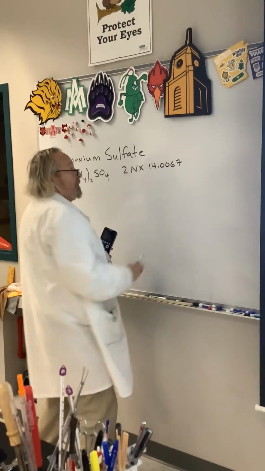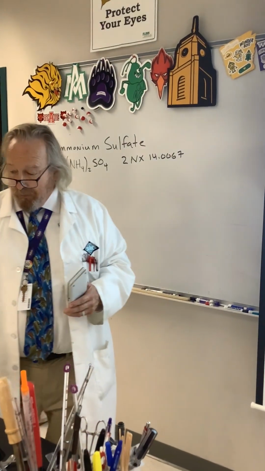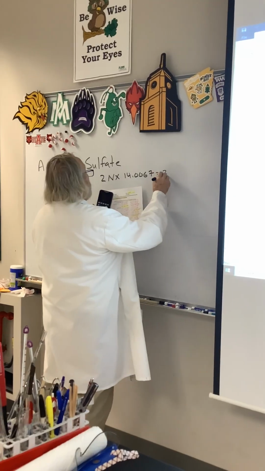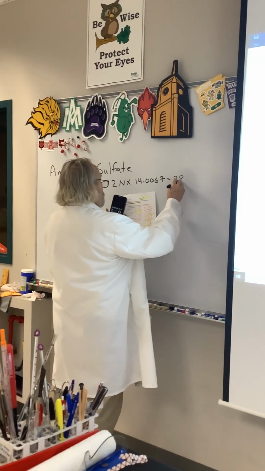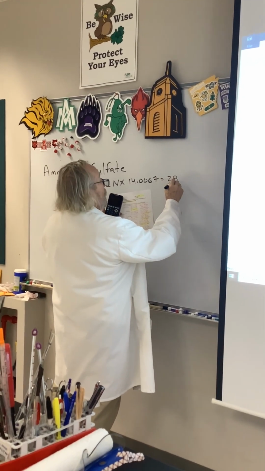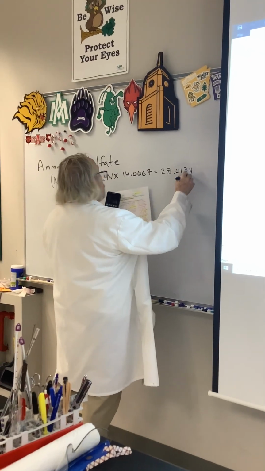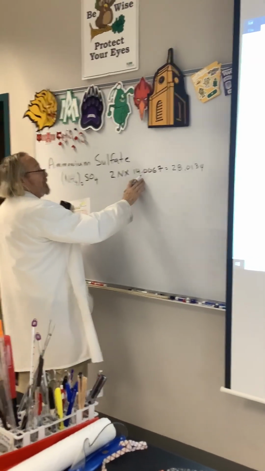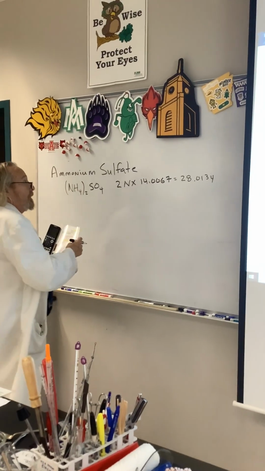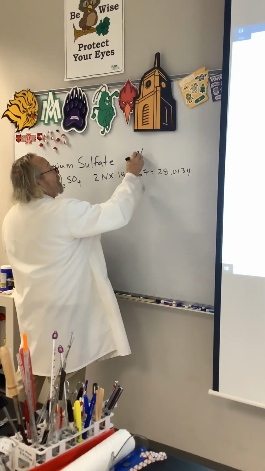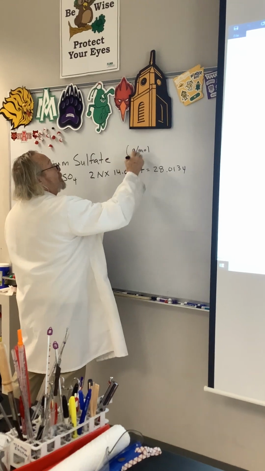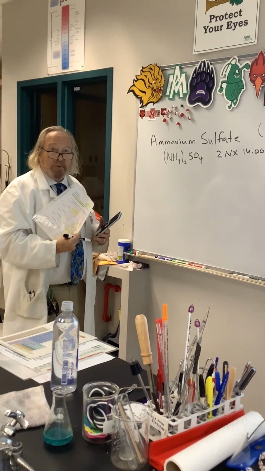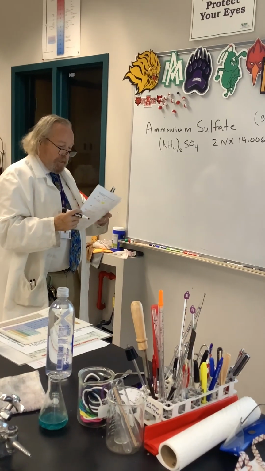They weigh 14.067 grams per mole each, and 2 of them would weigh 28.0134 grams per mole. So 2 nitrogens times that. This is all in grams per mole.